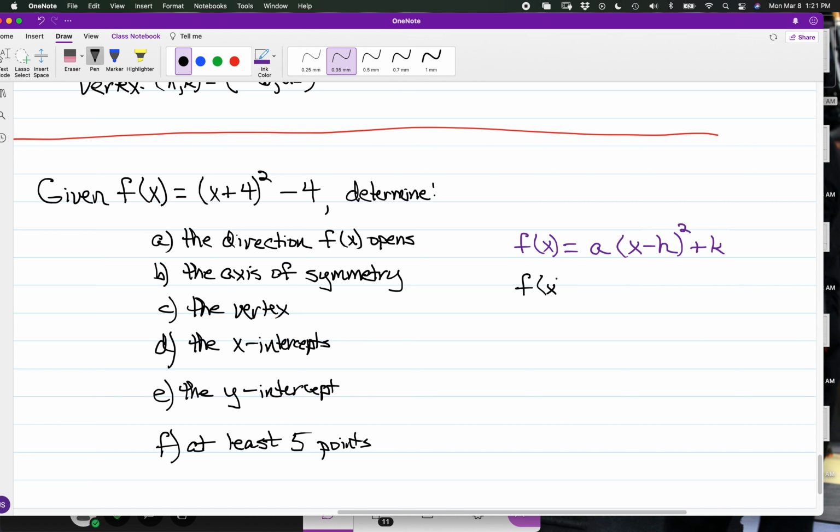So again, we have f of x is equal to the square root of x plus 4, followed by the subtraction of 4. And again, we have implicitly, okay, so there's nothing in front of the parentheses, but you just read this as if it were 1. So again, we have that a is equal to 1. So a is positive. So this means that the graph of f of x is going to open upward.